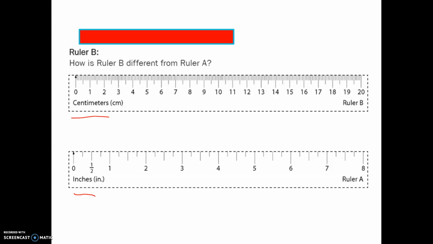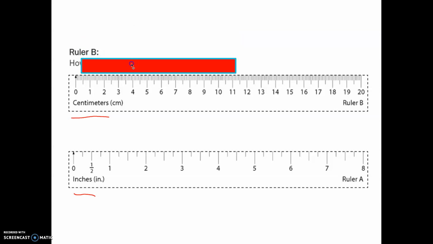I can take my same red line from the slide before and I can measure it with ruler B, which is my centimeter ruler, line it up to that 0, okay, and I'm looking, here's 1 centimeter, 2 centimeters, 3, 4, 5, 6, 7, 8, 9, 10, so this is between 10 and 11 centimeters, but it is closer to 11 centimeters, so I would say that that object is about 11 centimeters long.